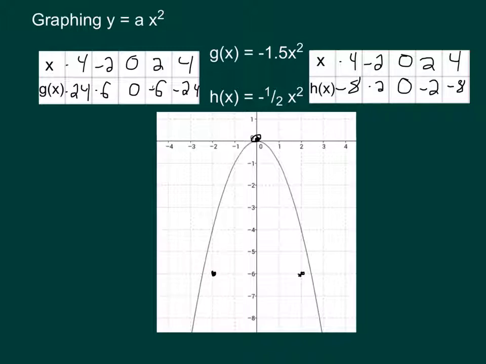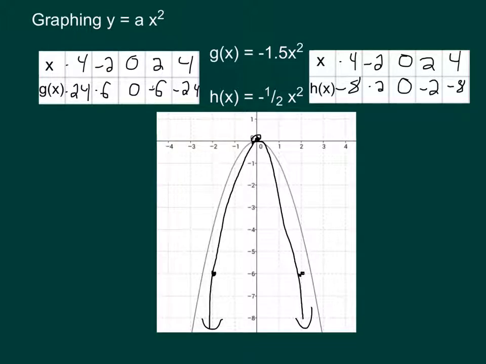And as I said, I can't graph all the way, it's way down here. So I'll just connect what I can. And it's a parabola. It's going to be kind of narrow compared to the y equals negative x squared that's shown.